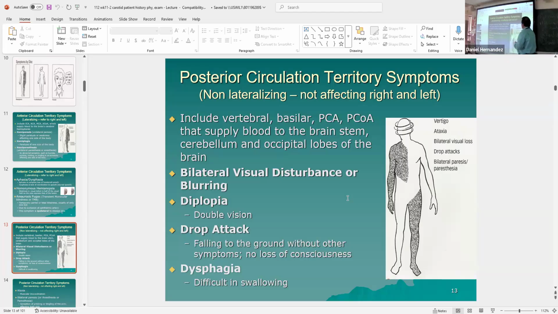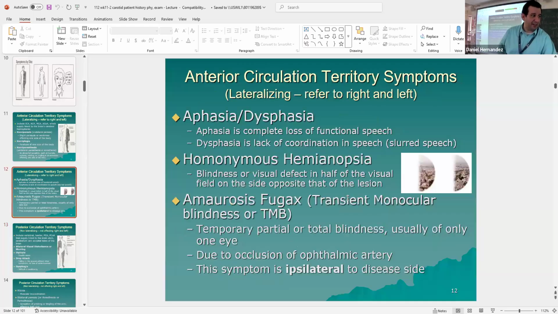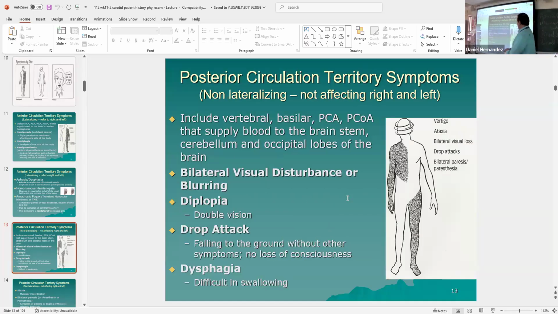All right. So posterior circulatory pathways now. These symptoms are non-localizing, meaning they're not affecting just the right or the left. These symptoms are referred to as non-lateralizing. But they're very specific symptoms to the posterior circulatory pathways. We can have vision disturbance affecting one eye with the anterior, but when vision disturbances affect both eyes, we're thinking posterior circulatory pathways.